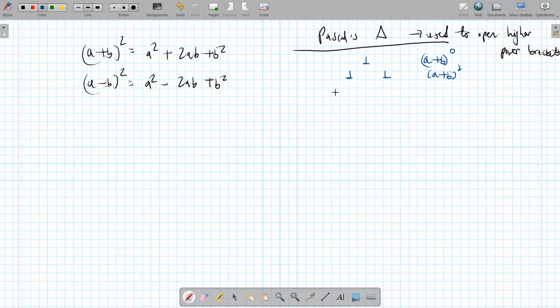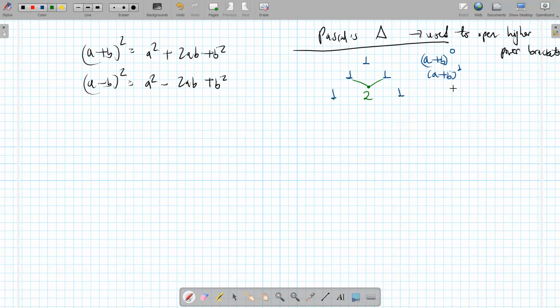And then you go to the next level. It's going to look like this. There's always going to be 1s in the beginning and at the end. And in the middle, you have to add up the previous line. So look at this. 1 to start off with, 1 to end with. But there's going to be a term in the middle. And the term in the middle is going to be the sum of the line above. So you get a 2.